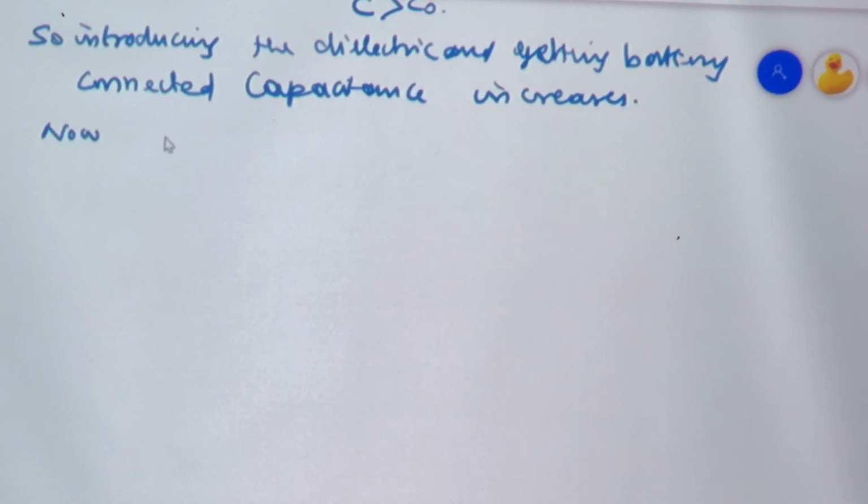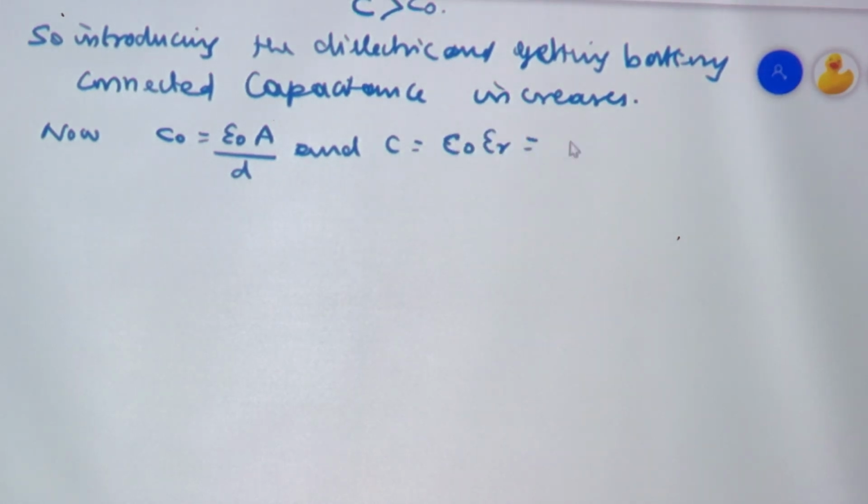As we know, C0 is equal to epsilon 0 into A divided by D. And what will happen to C? We have written C0 into epsilon r, which is epsilon 0 into A divided by D into epsilon r.